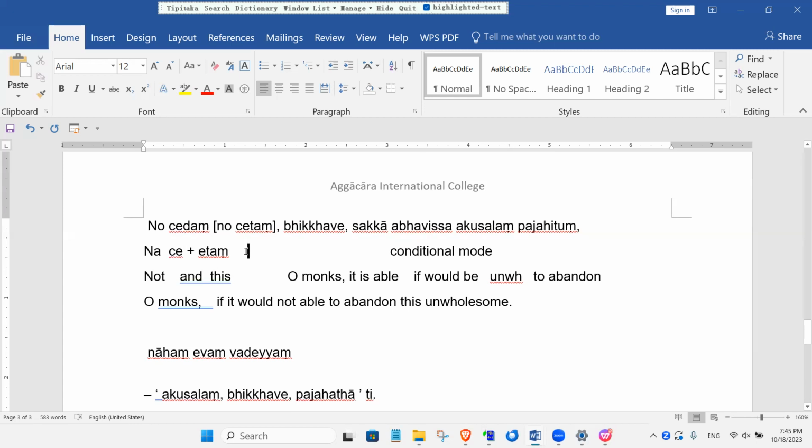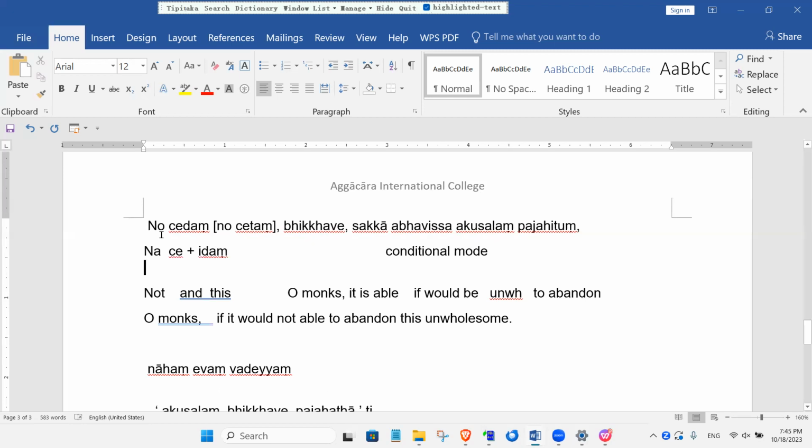"Ce" or "ca"? "Ce" plus "idam", okay. I don't know whether this explanation is correct here. "Che idam", or I think it will be "cha etam", also can, or maybe "ce etam".